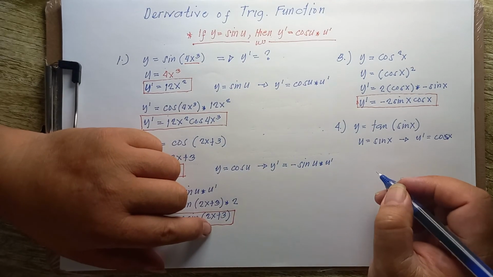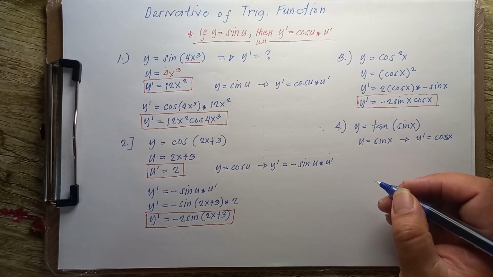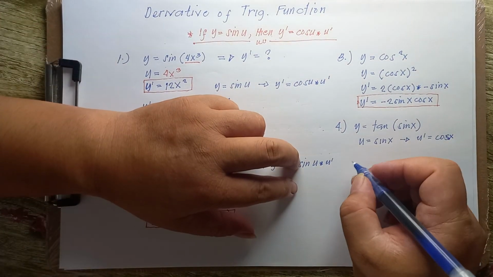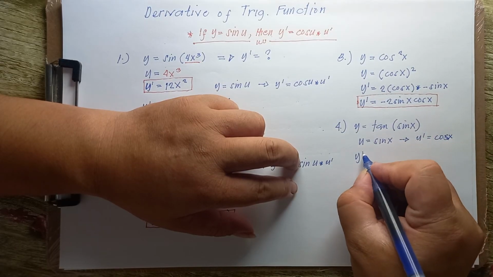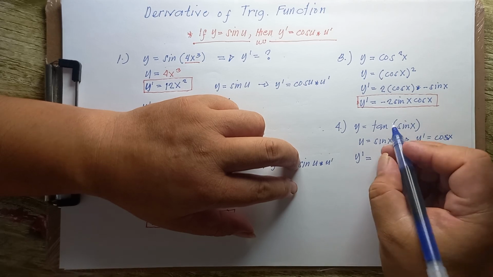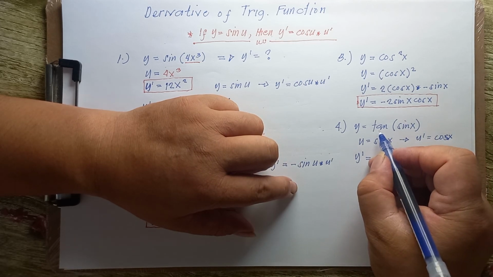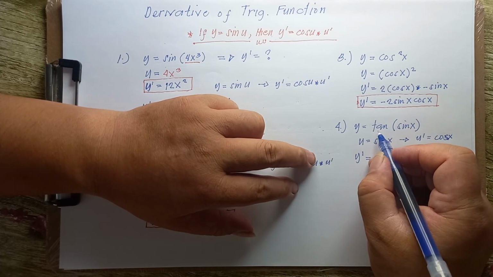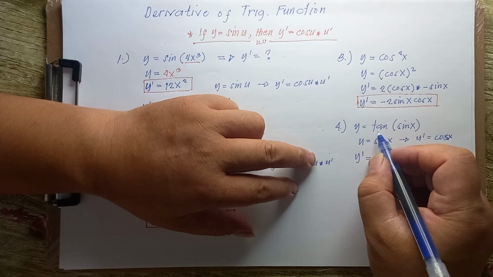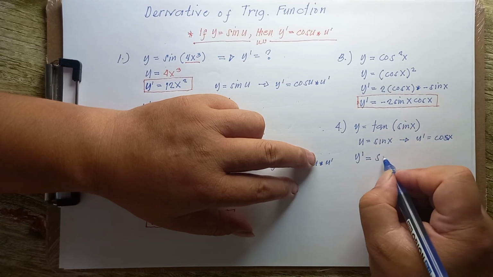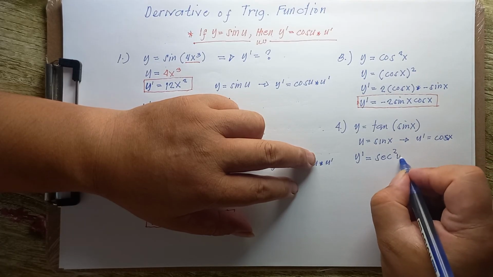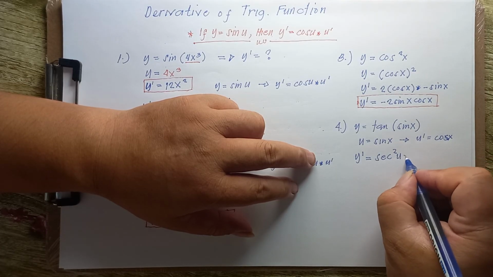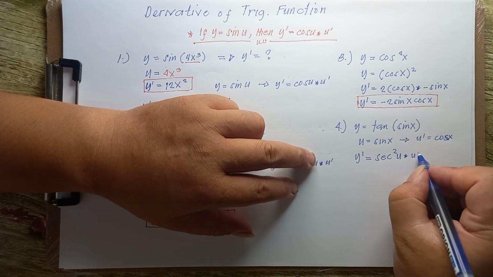Now what are we going to do now? Notice that when we are going to get the derivative of this one, that is y prime, what is the derivative of tangent u? Our tangent u in here is, of course, secant squared u times u prime.